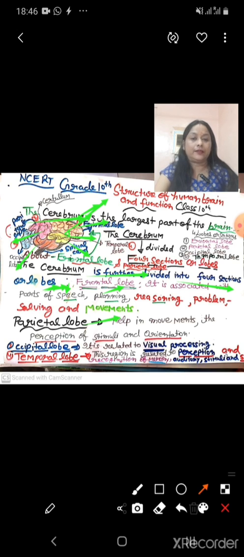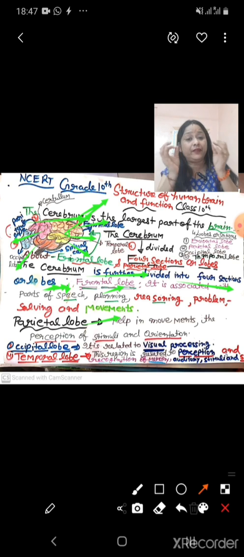We can use these activities in daily life, and they are governed by the frontal lobe.